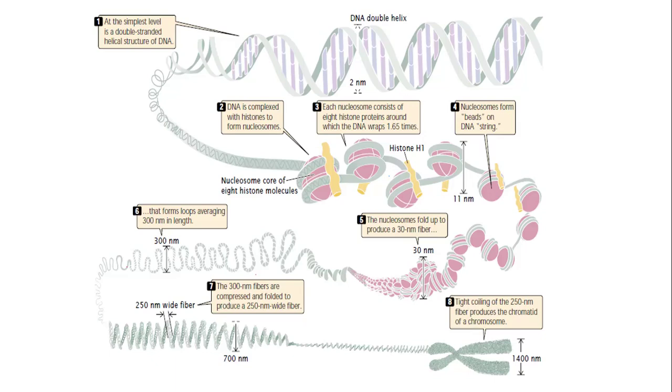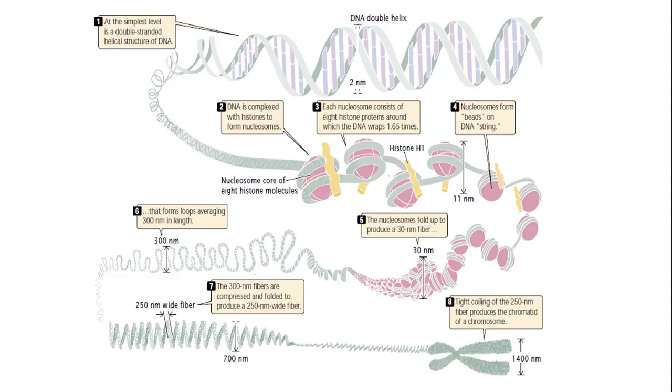Number 5, we also mentioned the fact that nucleosomes fold up to 30 nanometers or 300 Angstroms. And then number 6, that forms loops averaging like 300 nanometers, which we also saw from our last class. Then number 7, we can see 300 nanometer fibers are compressed and folded to produce 250 nanometer and wider fibers. You can see we are getting to 700 nanometers in diameter.